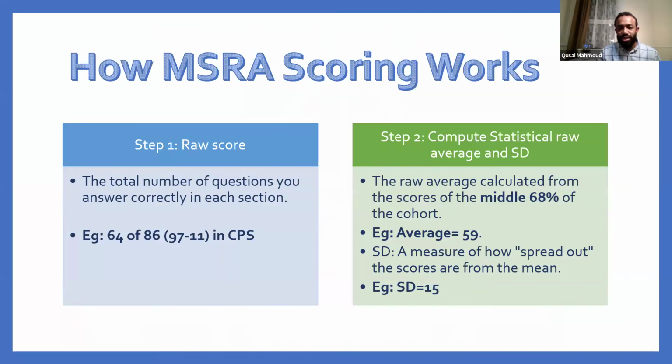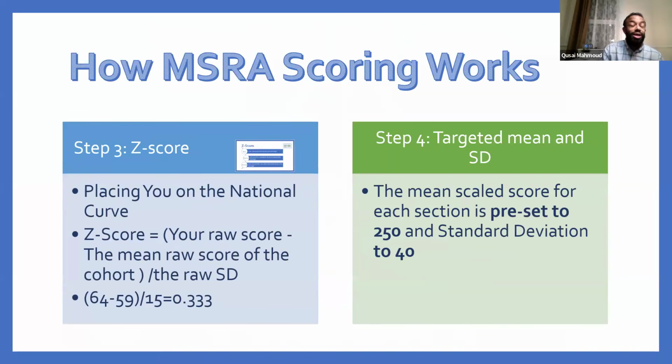Okay, so they calculate the raw average and the raw standard deviation. And let's say your raw score was 64 out of 86. So how do they use that? Now they calculate something called the Z-score. They place you against the national curve. How do they do that? They take your own raw score and they deduct the average from it.